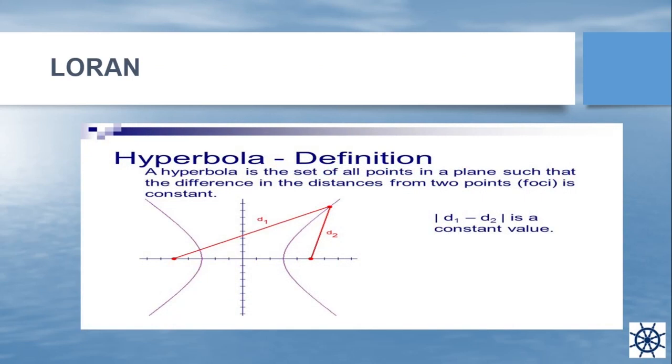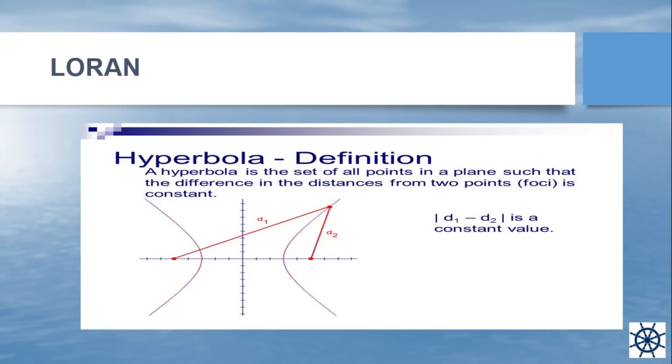Loran is a wave coming from the frequency wave that was used before to take a position. Using the hyperbola, there is already a charted frequency arc on the chart.